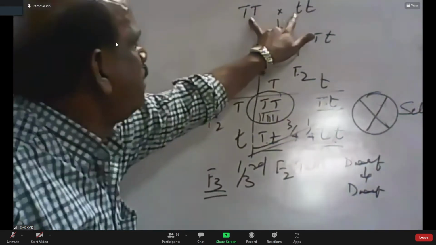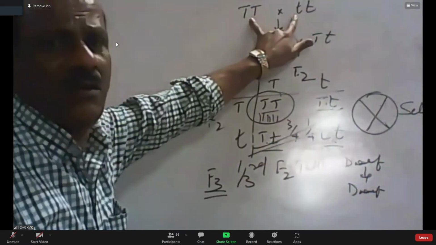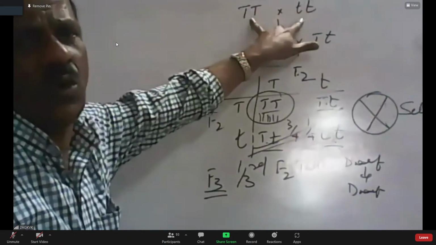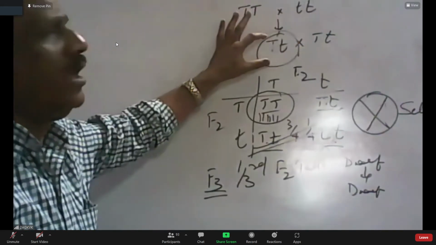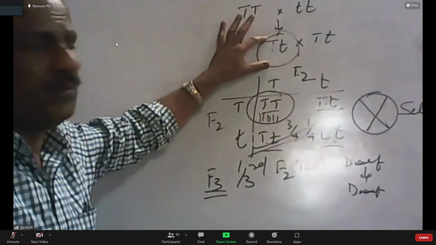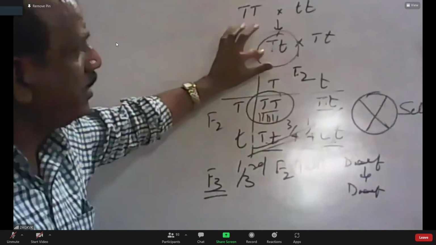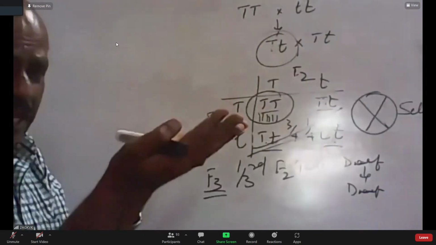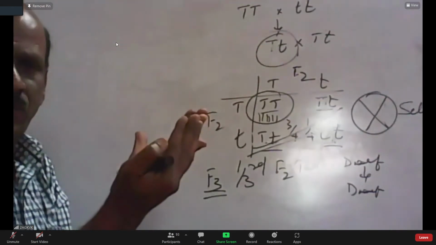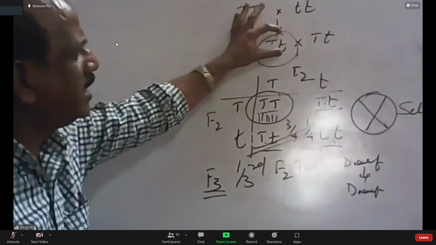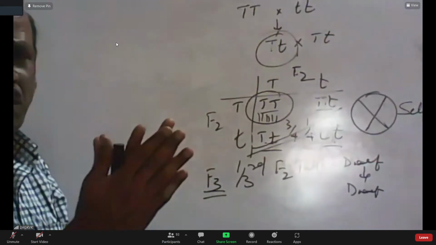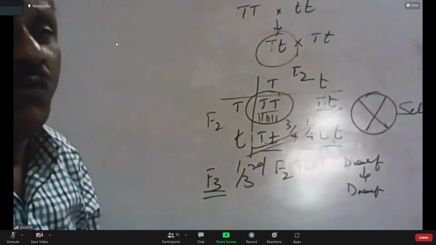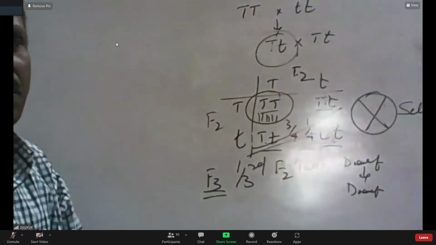When you make a cross between two individuals contrasting for a particular form, so this is tall, this is dwarf, the F1s are all tall. In the F1, the two contrasting alleles are staying together. An allele for tallness, an allele for dwarfness are staying together for one full generation.